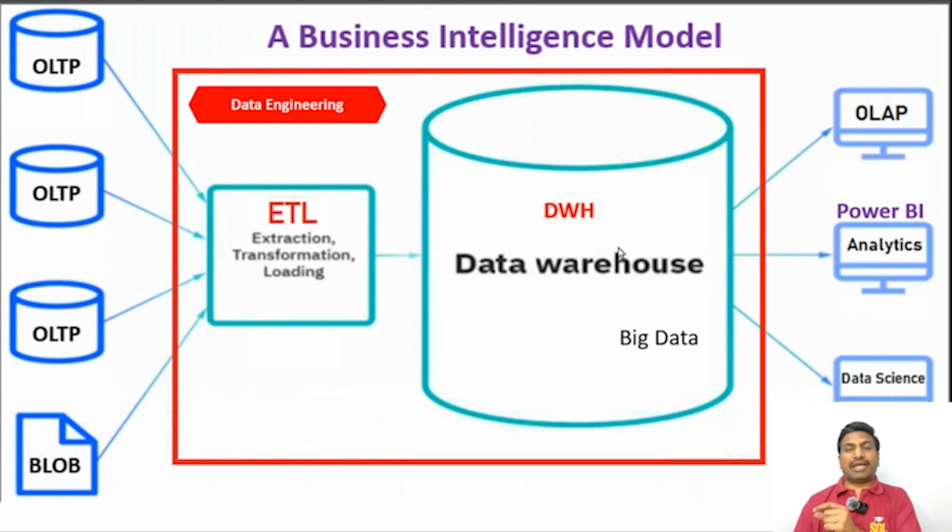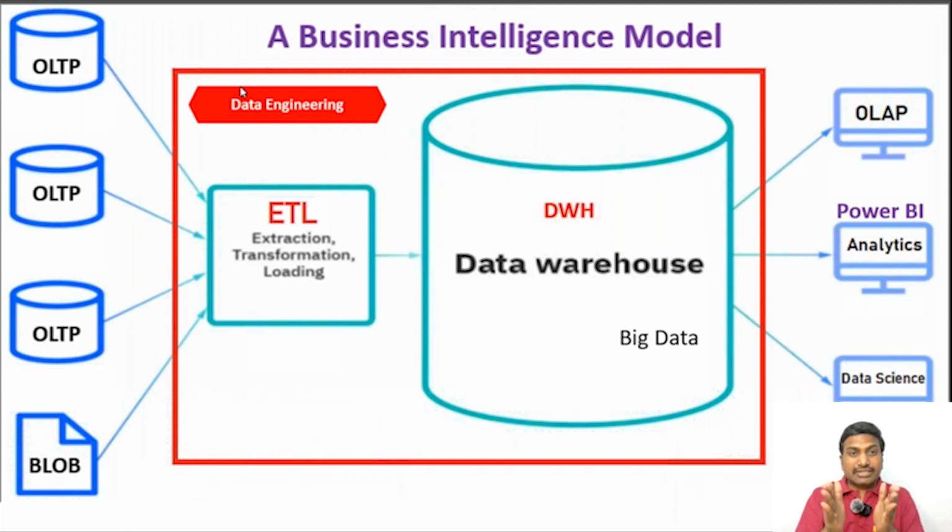The transport layer is ETL: extract, transform, load. Remember this. Data engineers are responsible for all this kind of data orchestration, as we call it. Data orchestration means reading the data, cleaning it, identifying only the required data and transporting it to the warehouse.